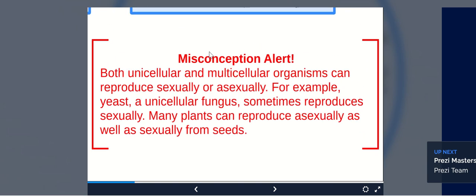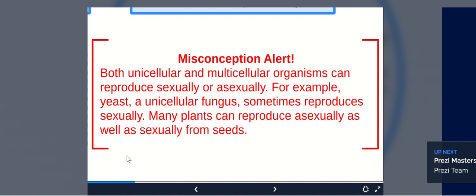All right, one thing I want to bring your attention to is these misconceptions. These are common things that students incorrectly perceive to be true. Oftentimes students think just because something is made up of one cell, it reproduces asexually. That's not always true. There are unicellular organisms that reproduce sexually.